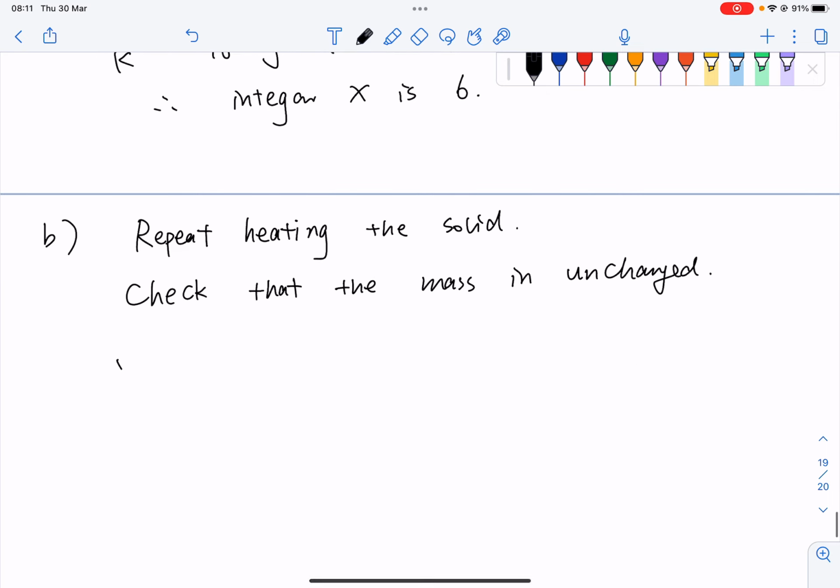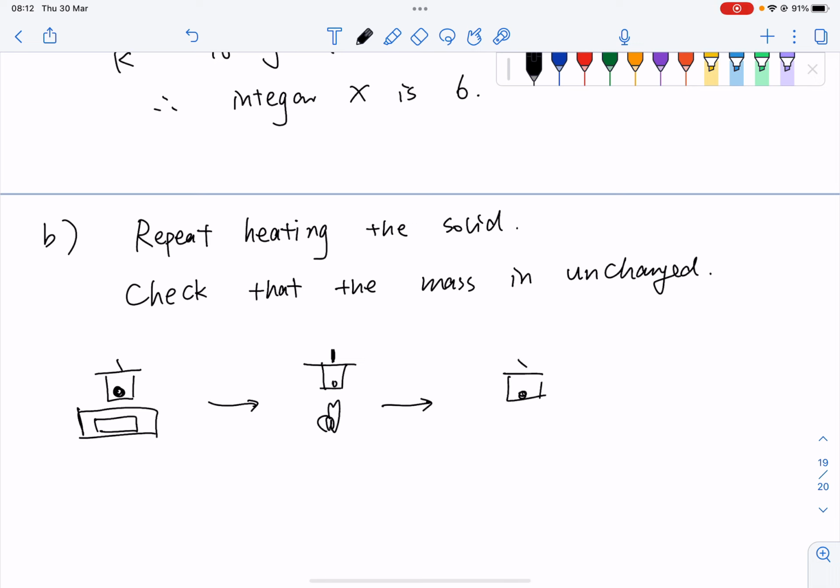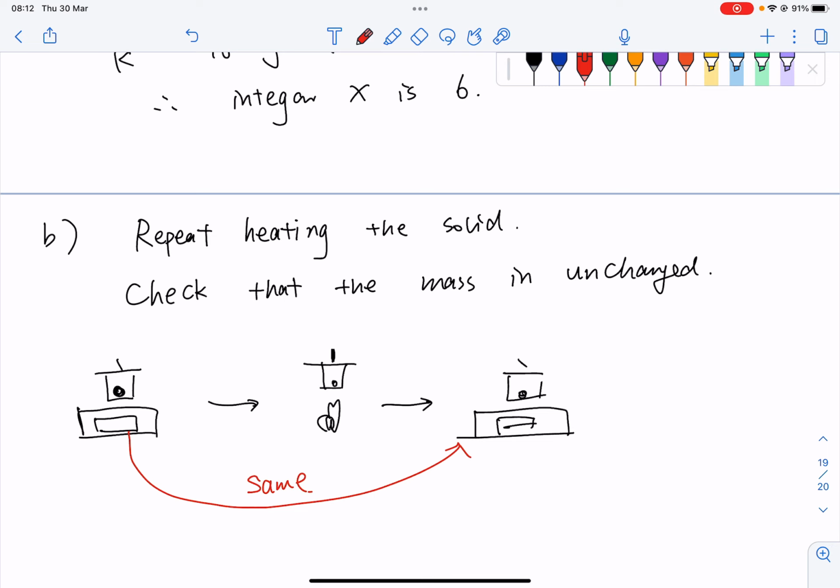Remember the crucible and the drawings I did with you during the tutorial? We weigh the crucible, lid, and all the products together, heat it under the Bunsen burner again, and then reweigh it. If these two numbers are the same, it proves that all the water has been removed, or that the reaction is complete.